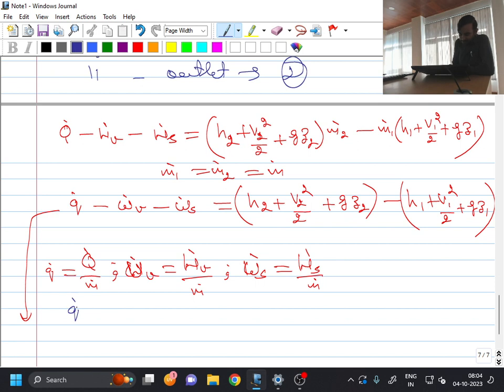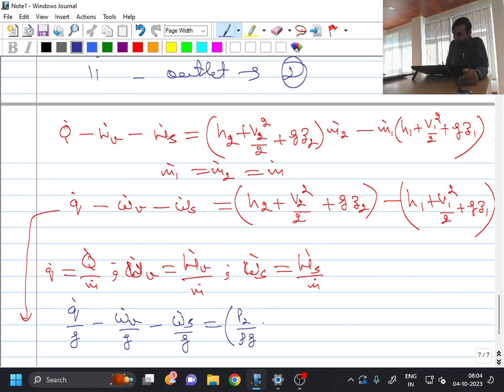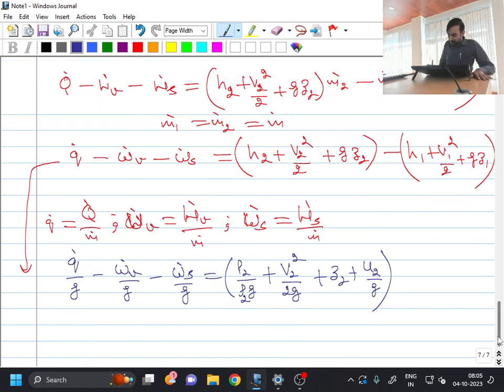If I do so, I get Q dot by G minus W dot V by G minus W dot S by G equal to, in place of H2, P2 by rho 2 G plus V2 square by 2G plus Z2 plus U2 by G, and minus P1 by rho 1 G and similar terms for the inlet.